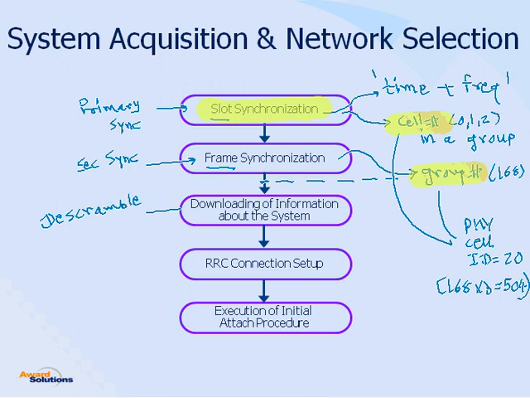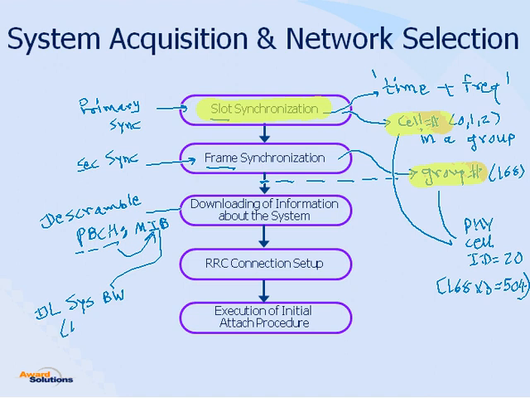And basically, the first piece of information about the network comes in the form of the master information block. So the physical broadcast channel carries the so-called master information block, and that will tell us, for example, how much bandwidth we are using for the downlink.